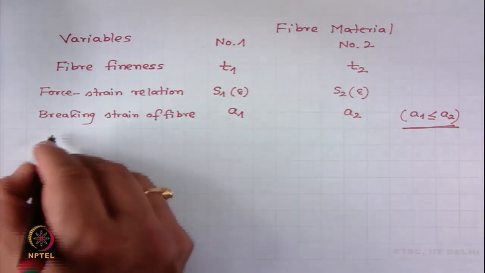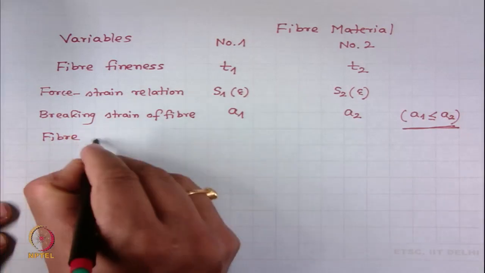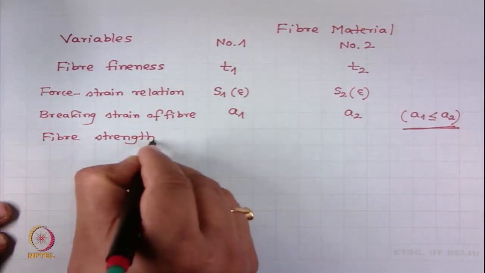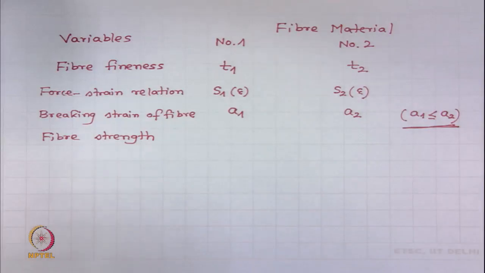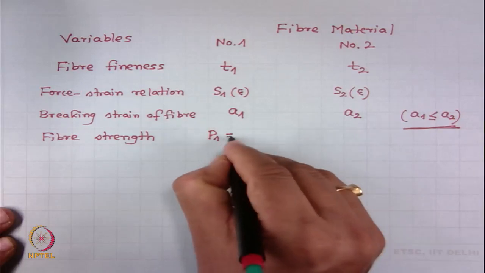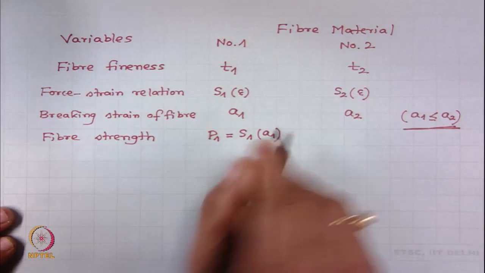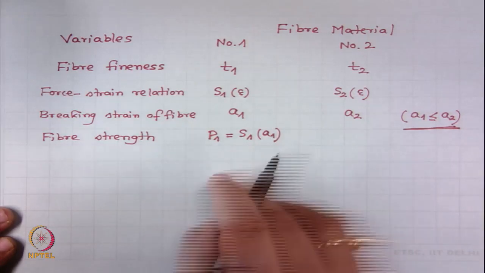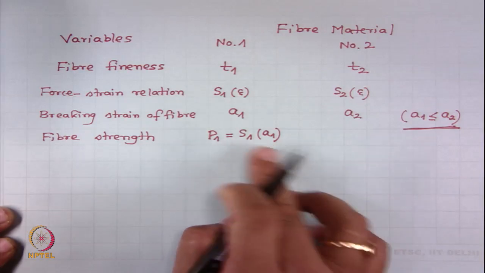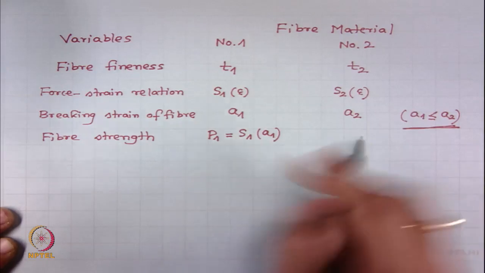Then we come to fiber strength. Fiber strength of type 1, P1, is equal to S subscript 1 at A1, because if this is the breaking elongation, the function at breaking elongation will be equal to strength.